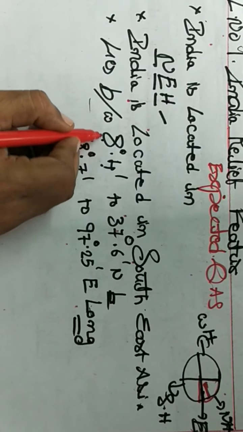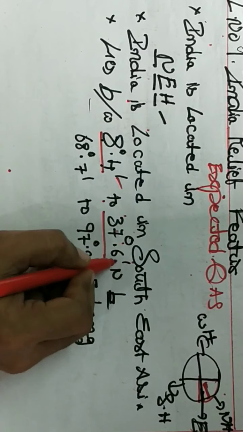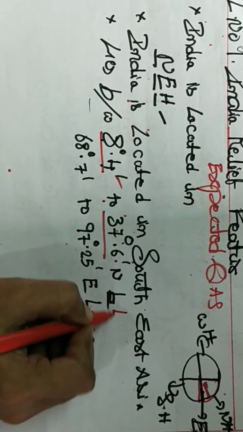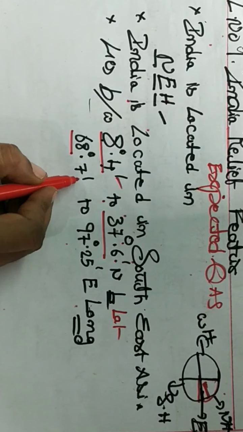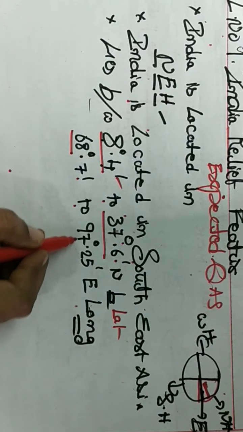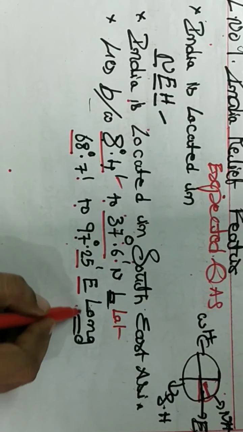See again, 8 degrees 4 minutes to 37 degrees 6 minutes north latitudes, this is latitude. And 68 degrees 7 minutes to 97 degrees 25 minutes east longitude.